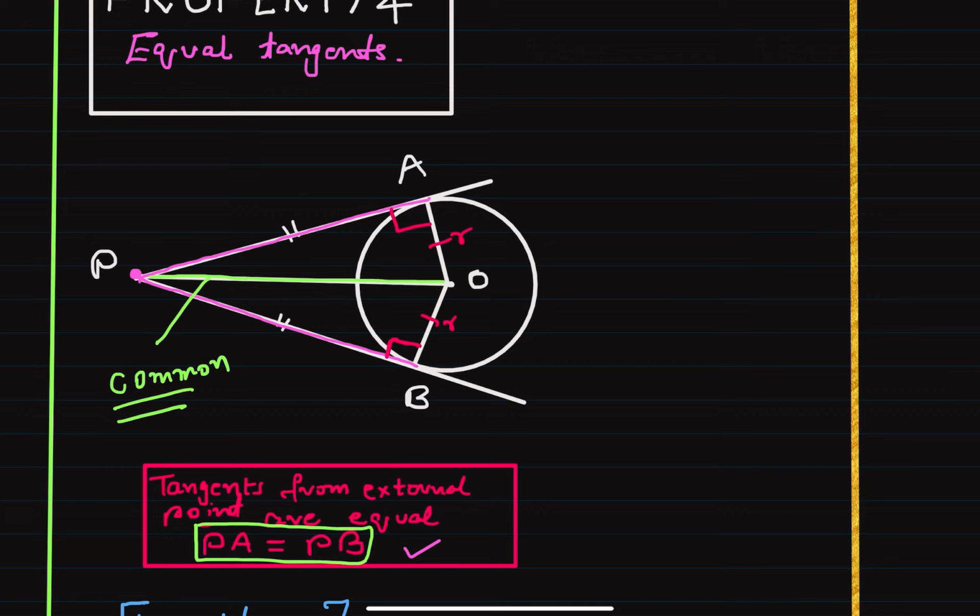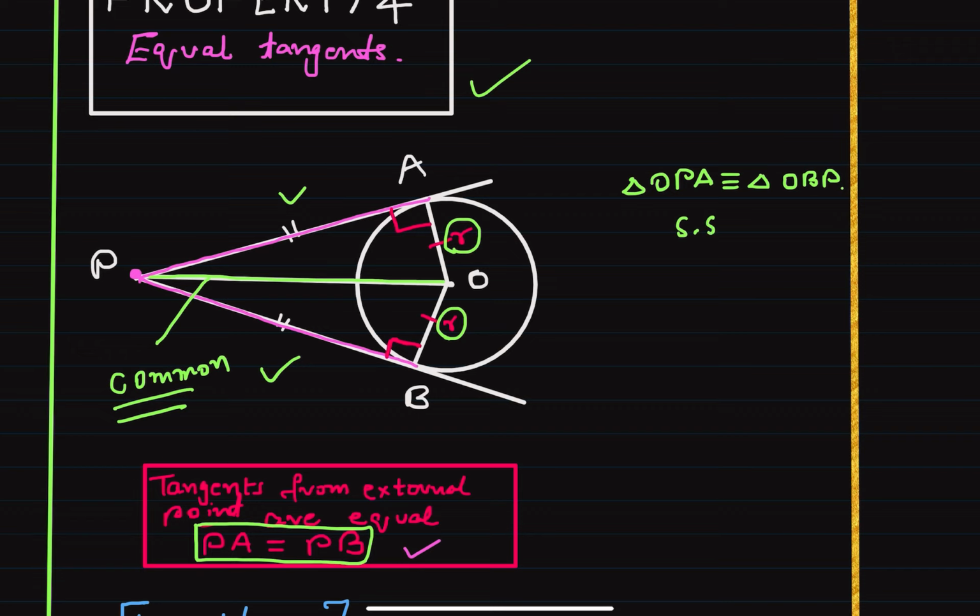So that means we have two congruent triangles. I can say that triangle OPA is congruent to triangle OBP. Reason for that: three sides, that radius is equal to radius, PA is equal to PB according to this property, and this line PO is common.